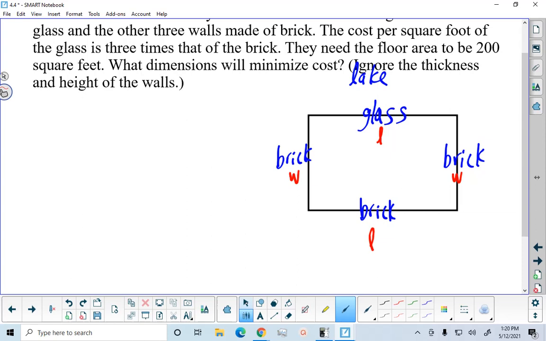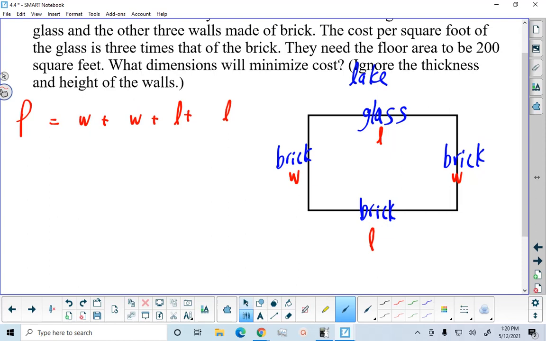And I would like you to be very careful on how you write this down. The perimeter is representative of the cost, and it's going to be equal to W plus L plus, and I want you to leave some space here before you write your other L. Now, since the glass wall has a different cost per foot of wall, it should be weighted differently.